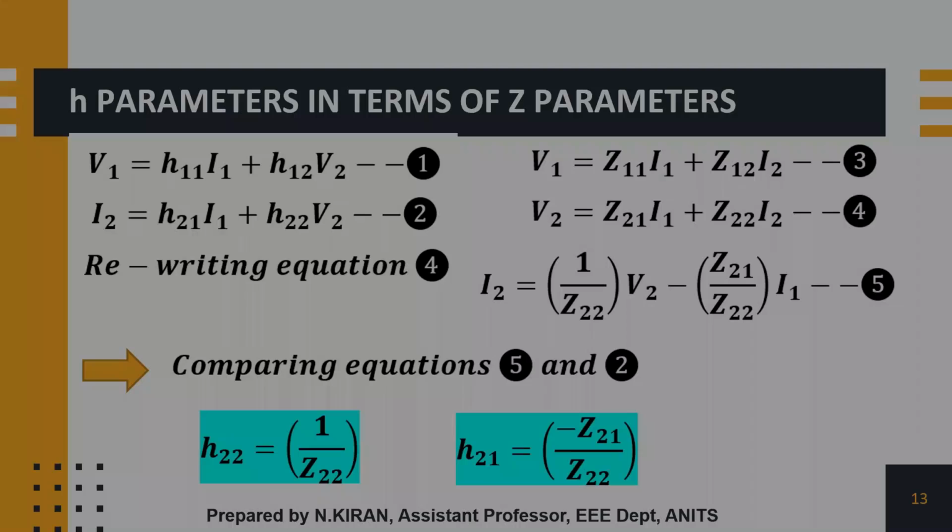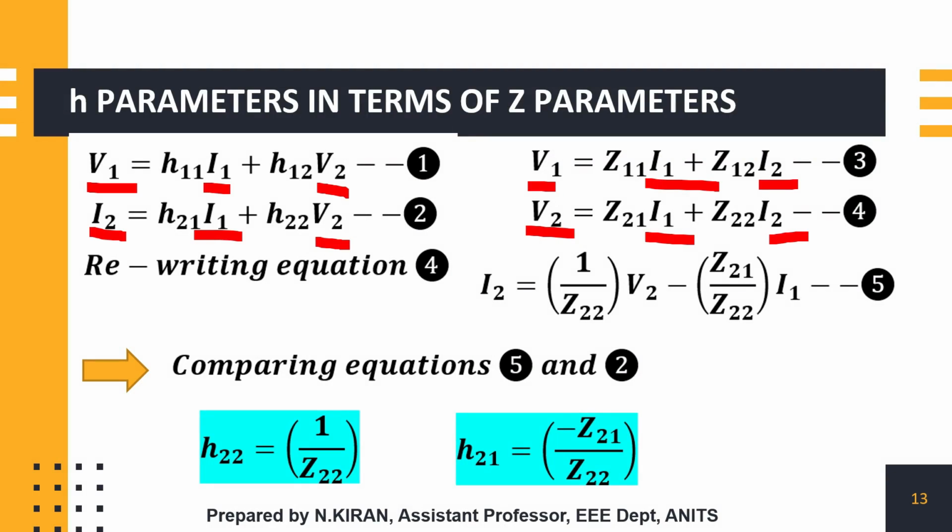Now the remaining two relations can be obtained by comparing the first equation and the third equation. In order to do so, I have to again eliminate I2 from the third equation, and that can be done by substituting the fifth equation in the third equation.